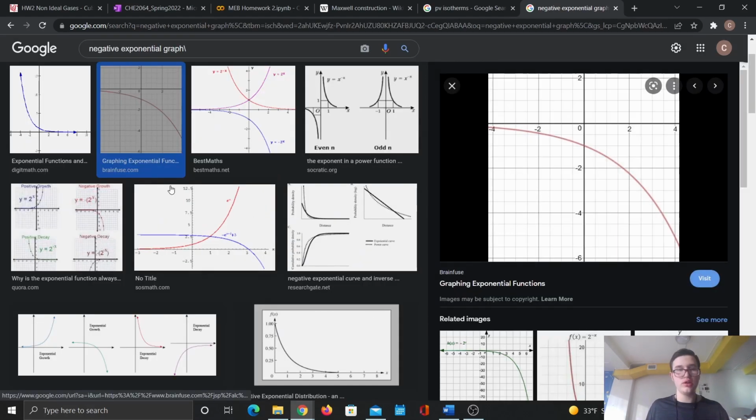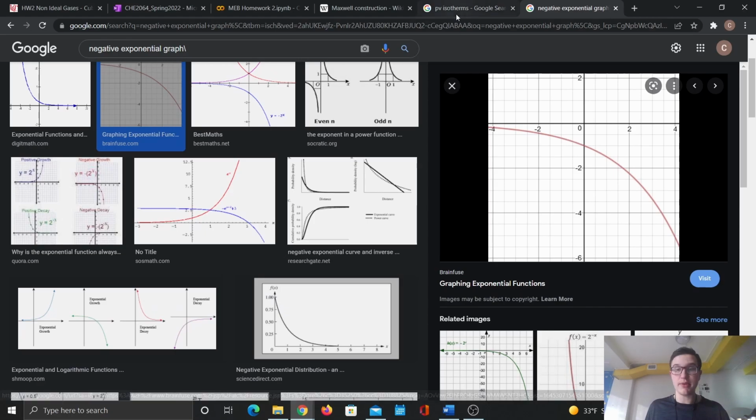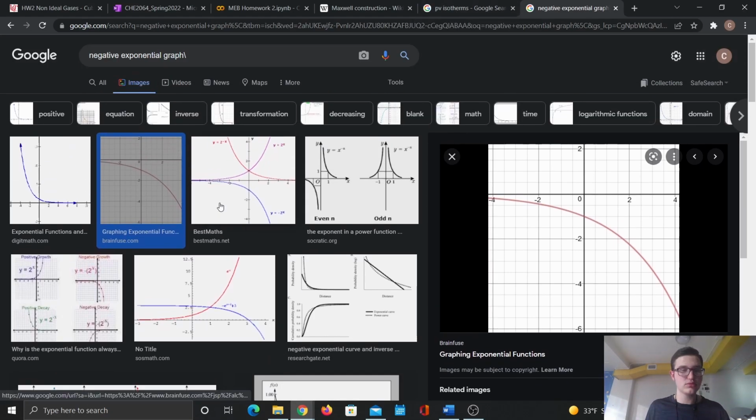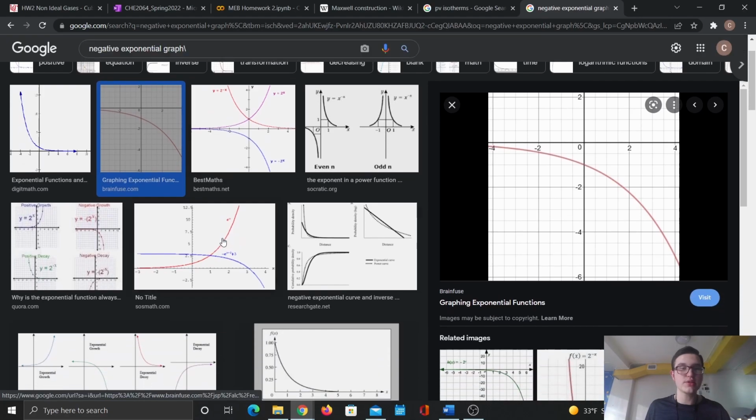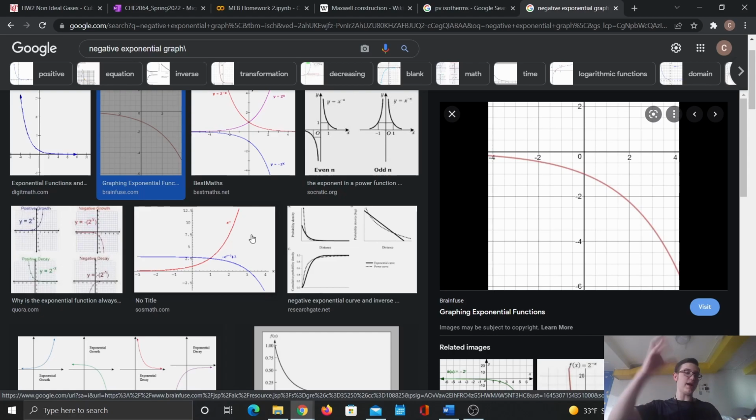Here, it curves down. You flipped it. You can also flip it, but I mean, if you look at that, yes, here, I want to flip it around the y.